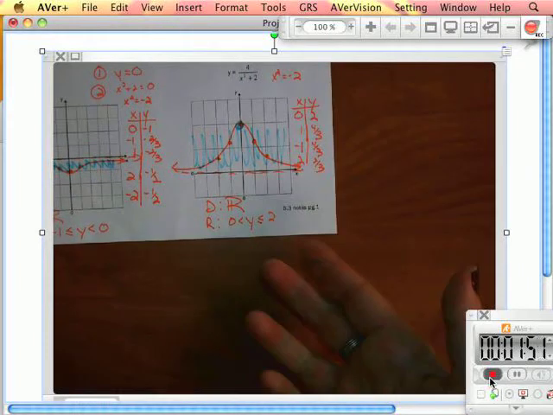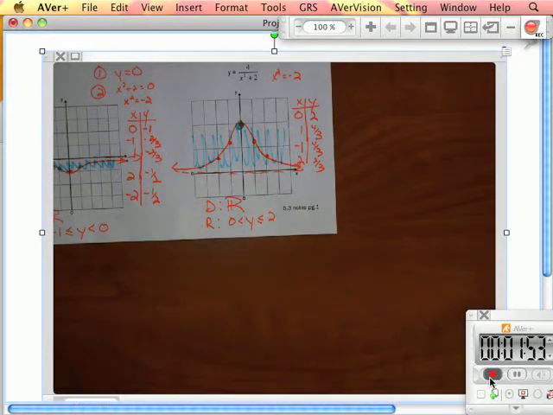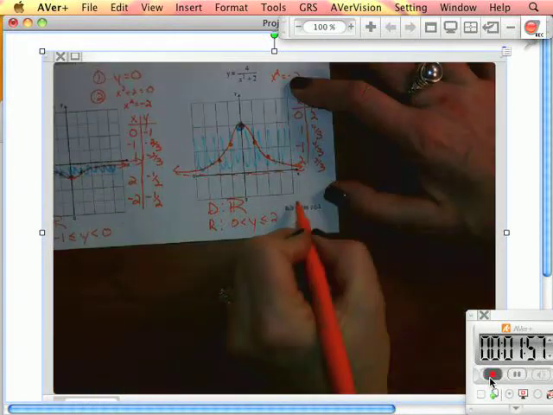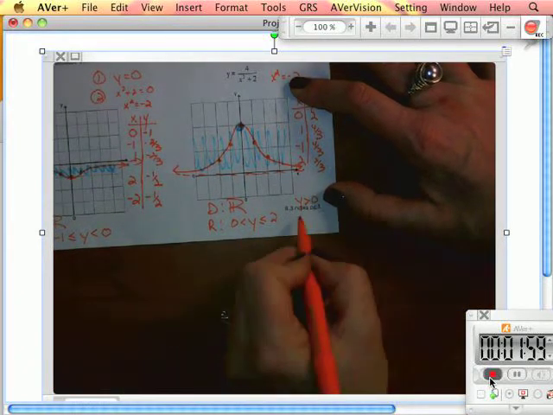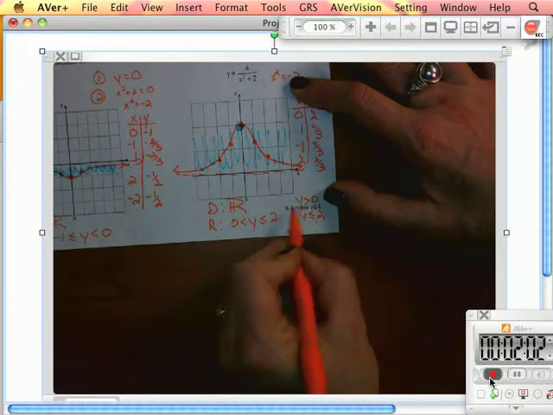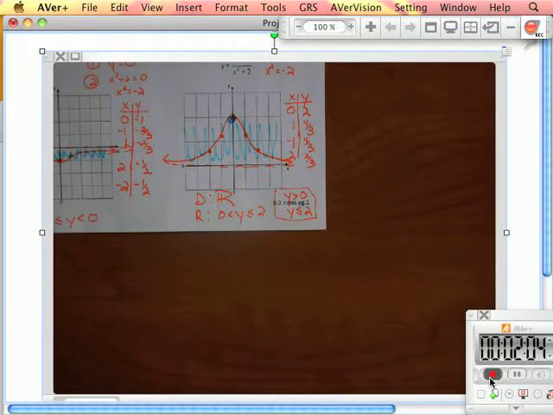And if this is funky for you to write, you can split this up. You can write it as this if you want. I don't care. You could say y has to be greater than 0, but also y has to be less than or equal to 2. It doesn't matter. If you can't figure out how to do it like this, then do it like this. Got it? Okay. All right, turn it over.